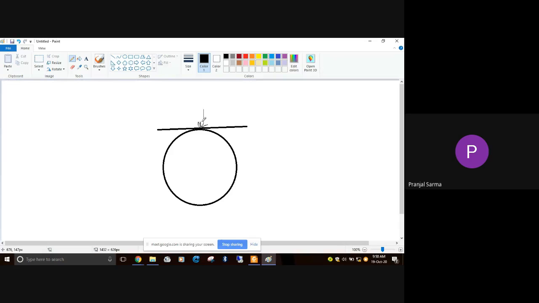Only at this point is it cutting. Things like this are not tangents, these are chords, correct? A tangent always passes through a single point only. Now this is a tangent. If I draw like this, it's also a tangent. There may be an infinite number of tangents, all are tangents. Basically, it touches the curve only at a single point. So you should not draw like this and say that it's a tangent.